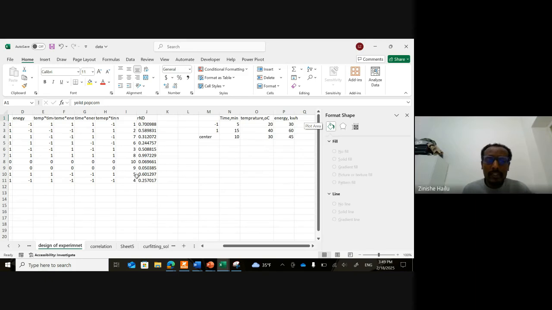I have designed here with 2 levels and 1 center point with 3 factors, which is 2 to the power of 3, is 8. With 2 center points or with replication it is 10. We have a total of 10.